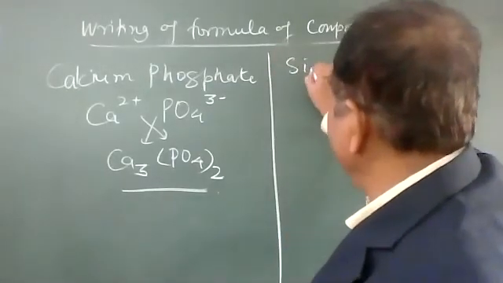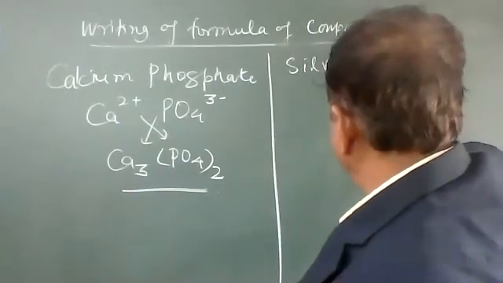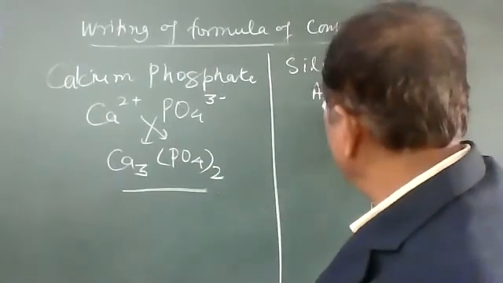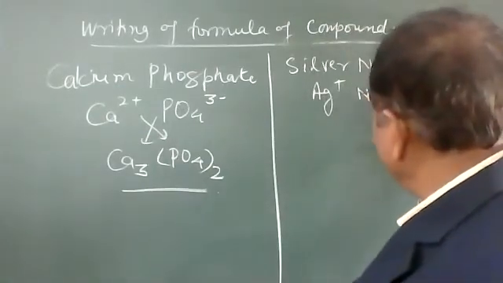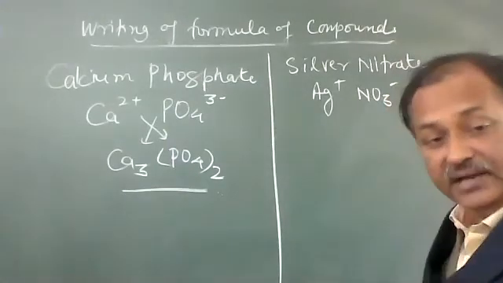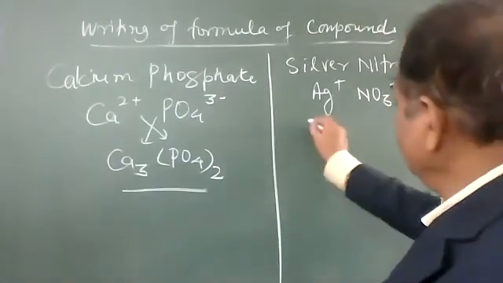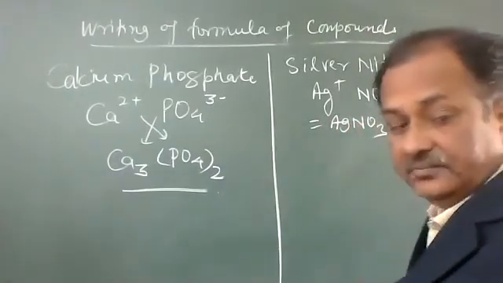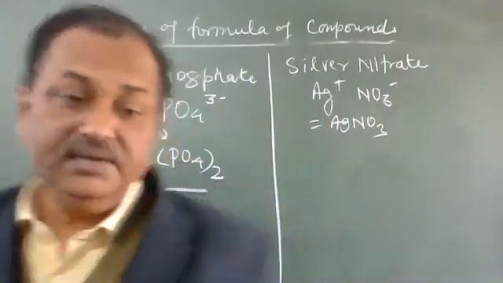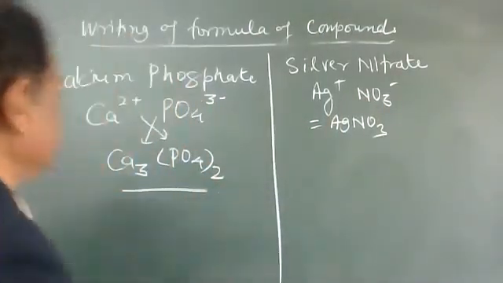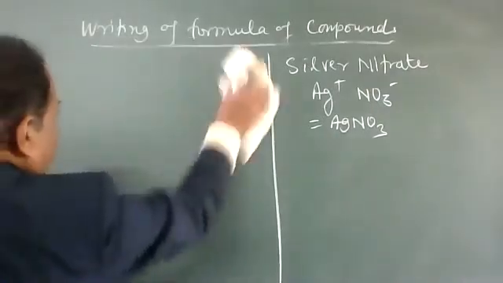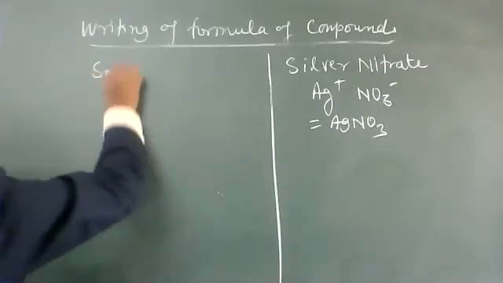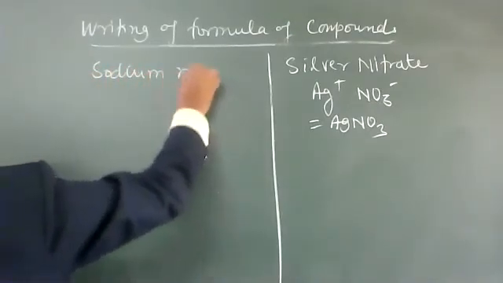Then silver nitrate. Silver Ag plus, nitrate NO3 minus, so it will be AgNO3. So we write like this. You keep on writing. Then sodium nitrite.